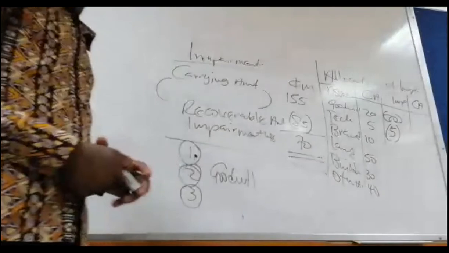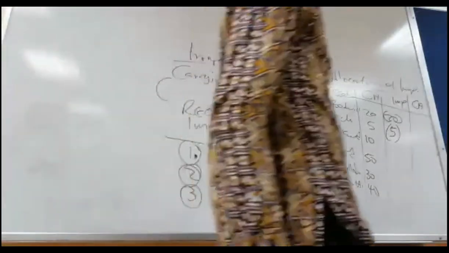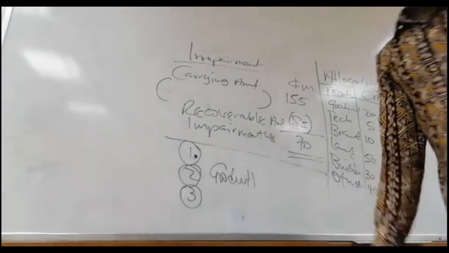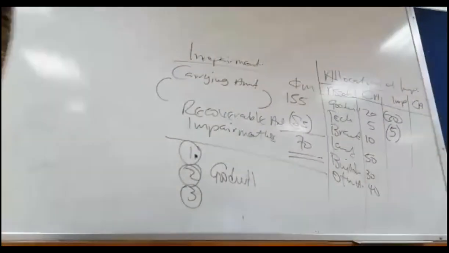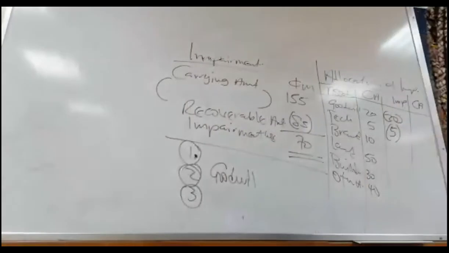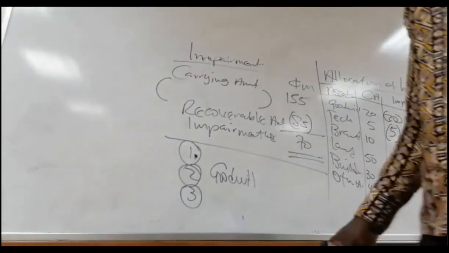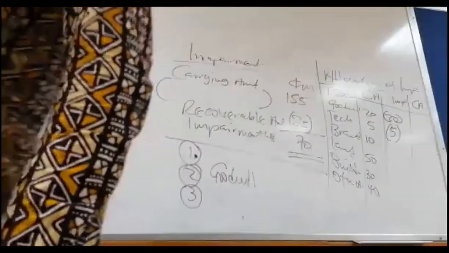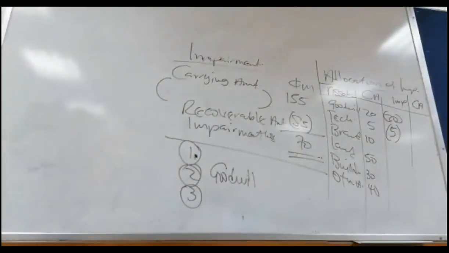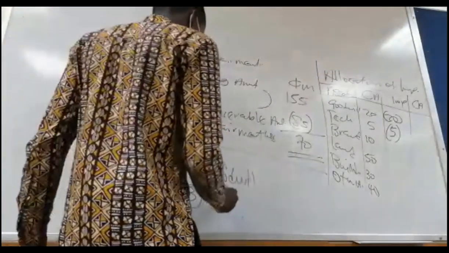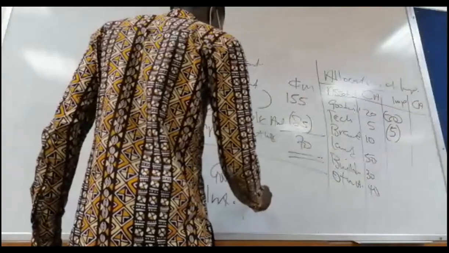Then the third one moves to intangible assets without an active market. Any intangible asset, for example brands, patents, without an active market.